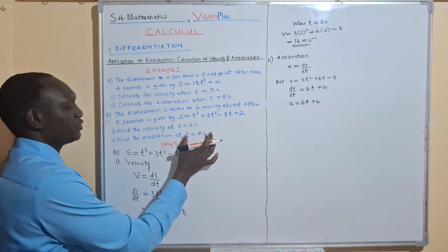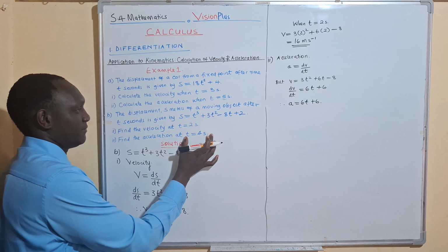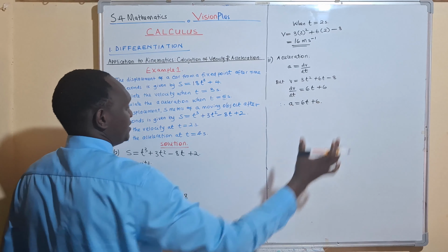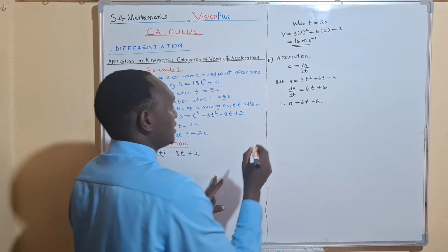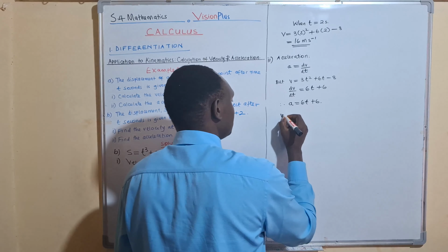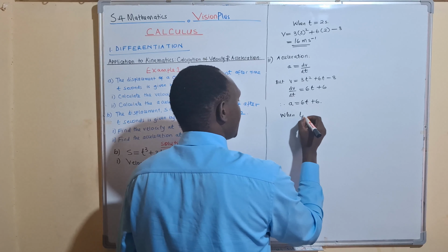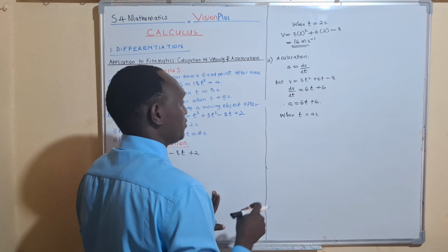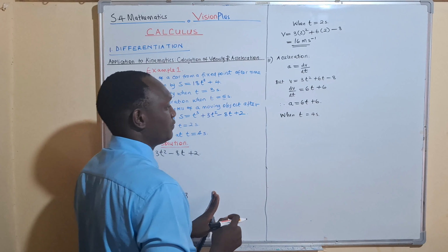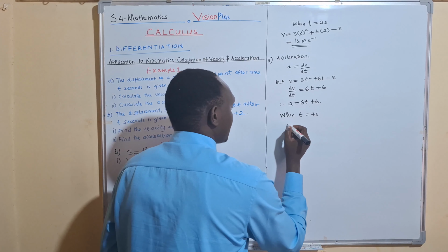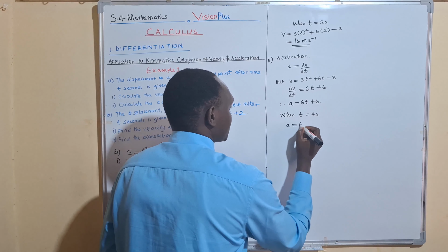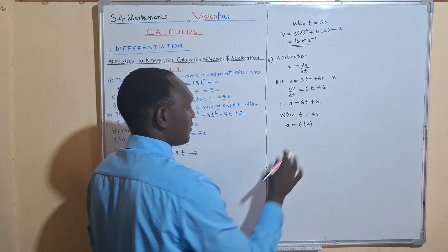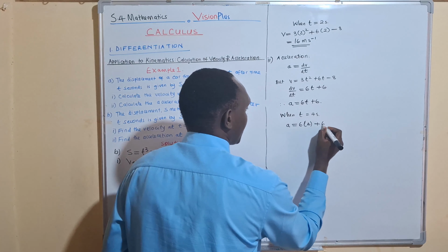Now, our question was saying when time is 4 seconds. So this is the expression for any time t. But what if time is 4 now? Then you say, when the time is now 4 seconds, what is my acceleration at this time of motion? That means acceleration now becomes 6t, our t is now 4, but there is plus 6.